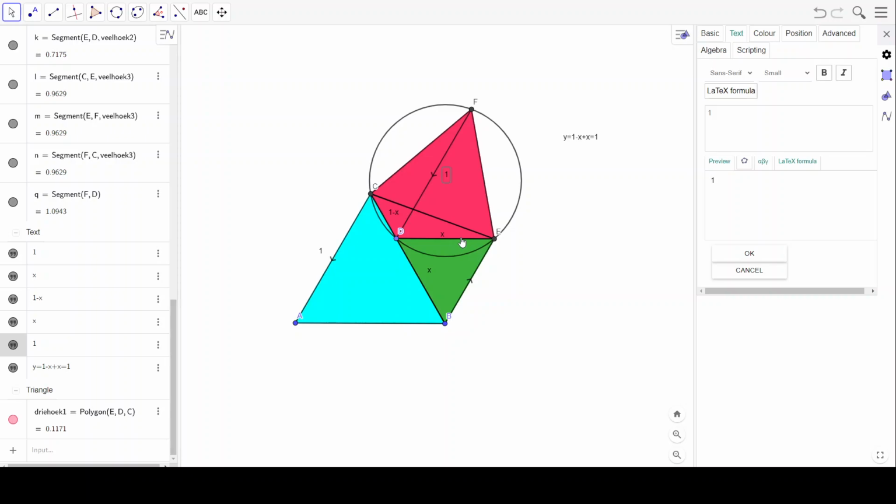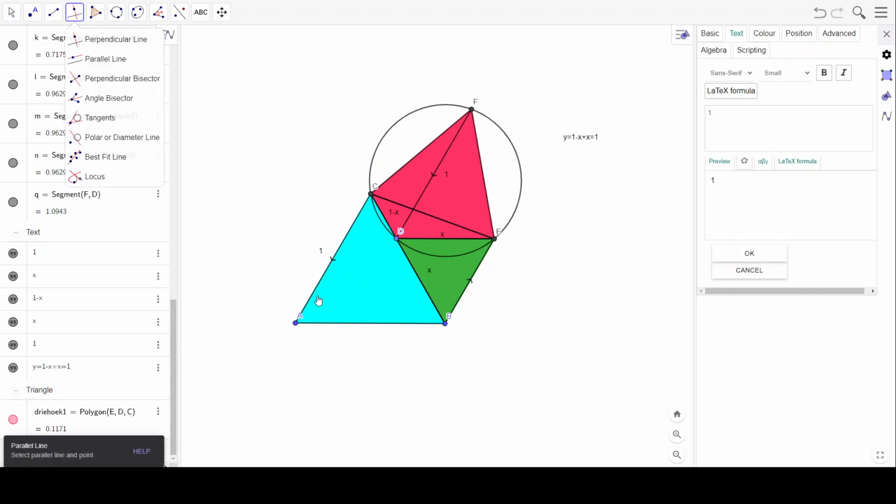Well, now, because these lines are parallel, we can calculate the areas. Let's say for the blue area, if you take this as base, it is the height, which is the distance between these lines, the perpendicular distance. Let's draw it.